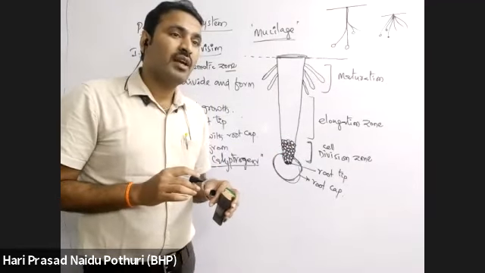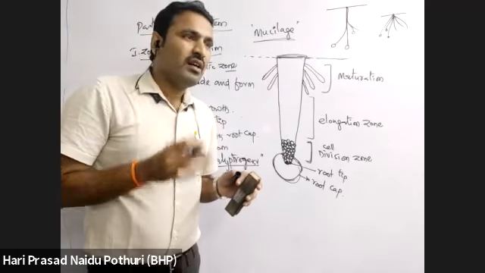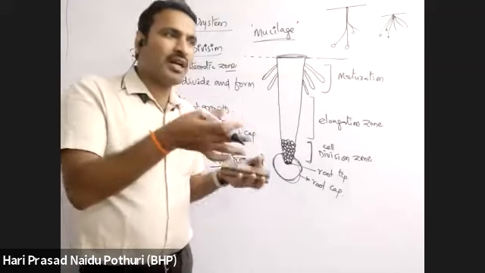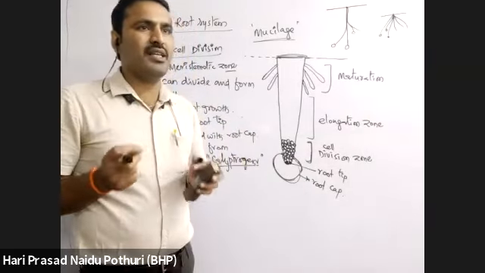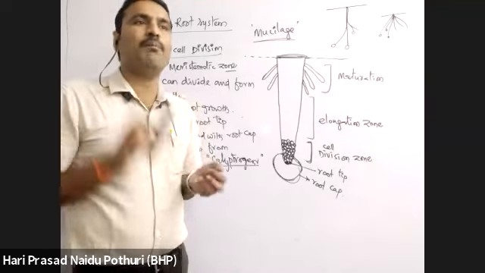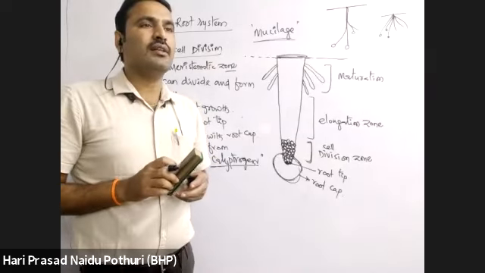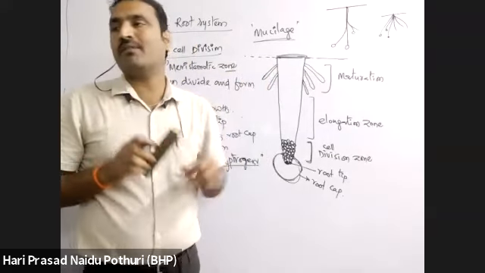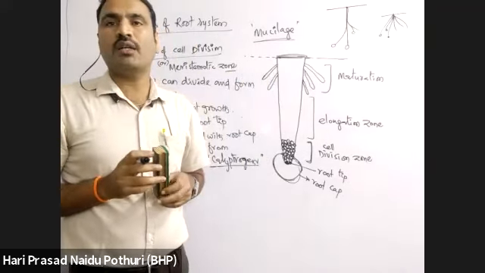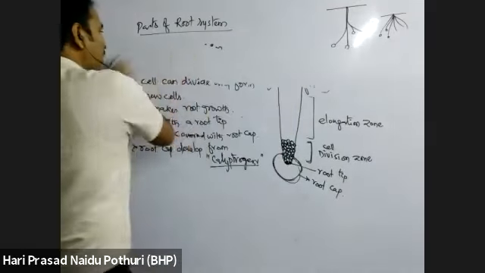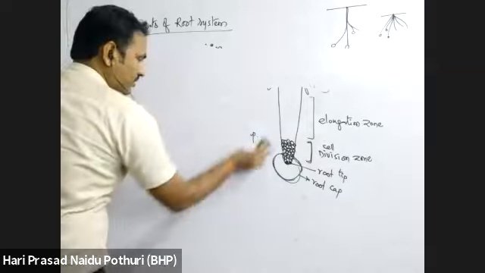Because hydrophytes are present in water, and as water is available, the soil is already smooth, so root caps are not well developed. But in some plants, like floating hydrophytes, which are present on the surface of the water, the root cap has a different function. We'll see that now. Difference in root caps.